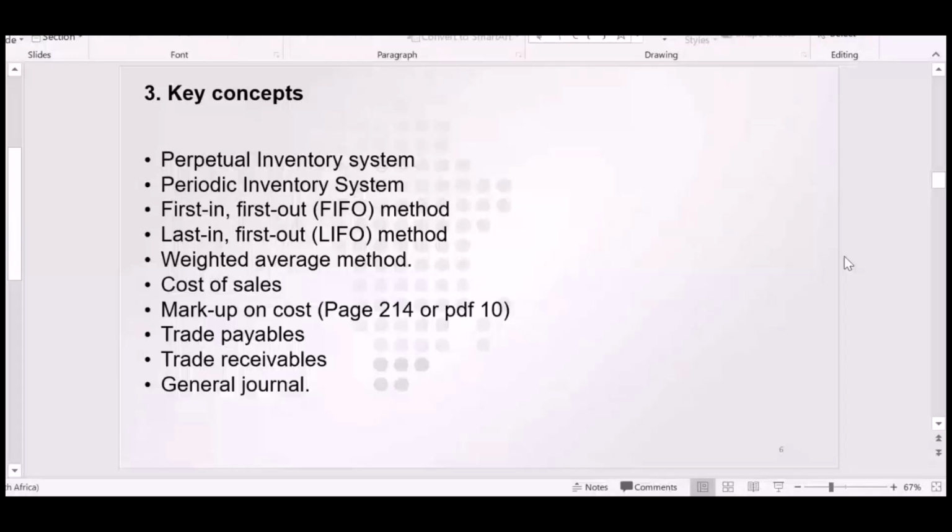And on the last in, first out, the assumption is that the inventory which has arrived last will be the one that will be sold first. So let's say, different to our bread scenario, you are Woolworths and you are known for selling fresh products.